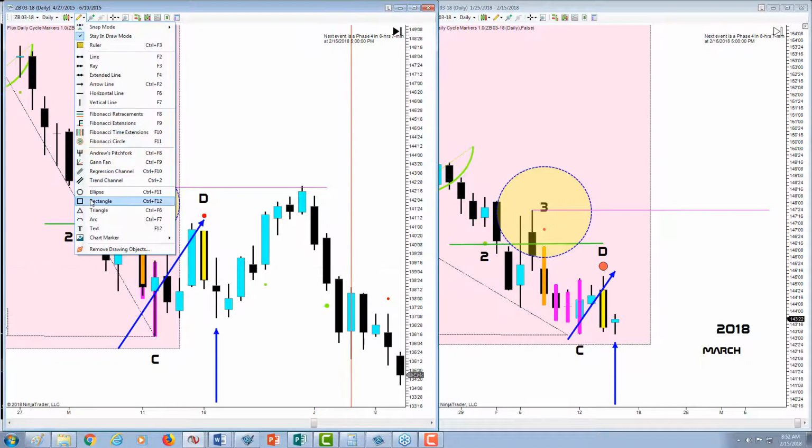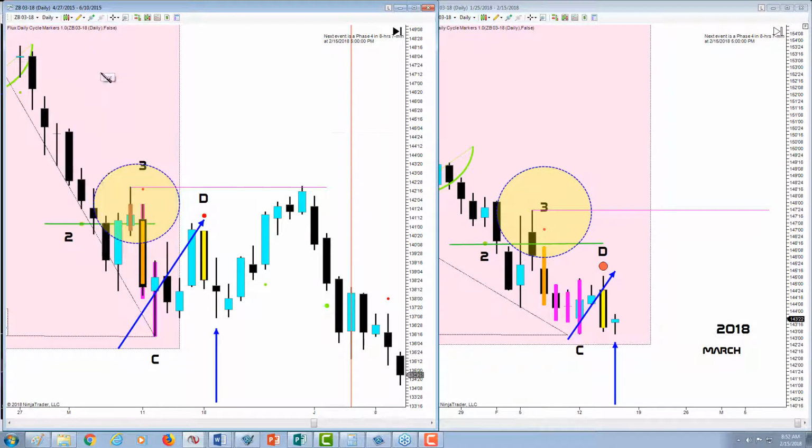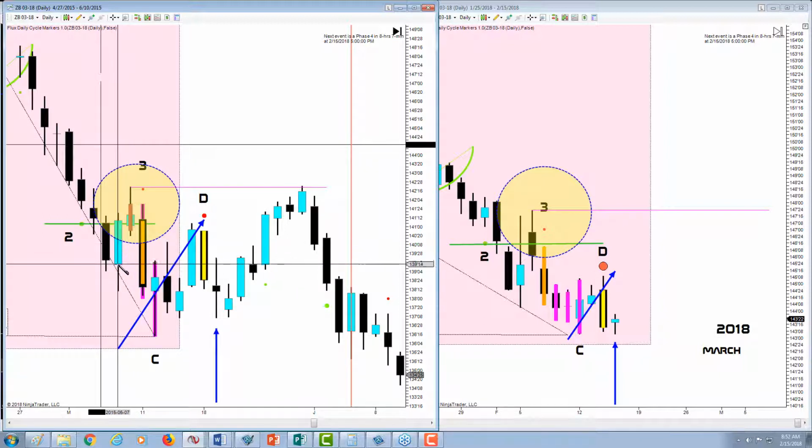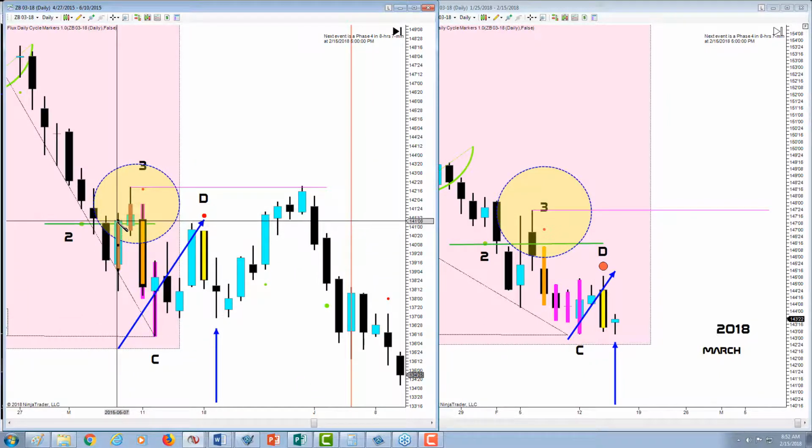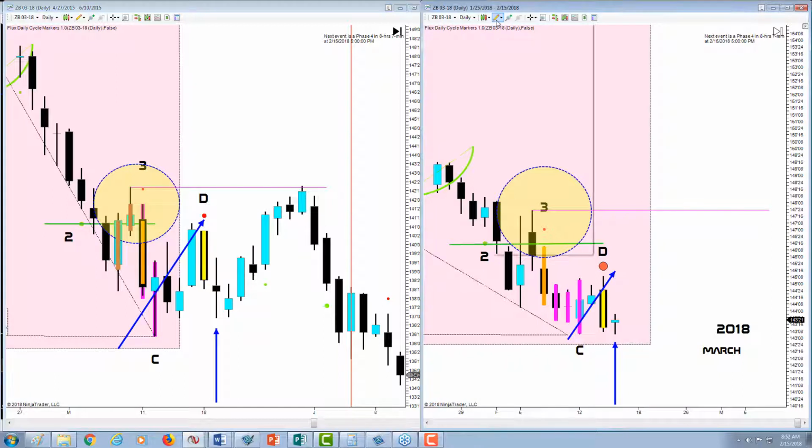Ready? Take a look. Brown, brown. And then over here, brown, brown. So you see the similarities between the two patterns?